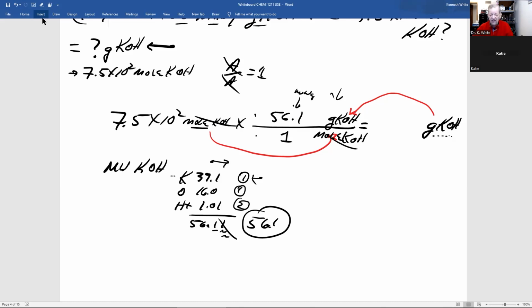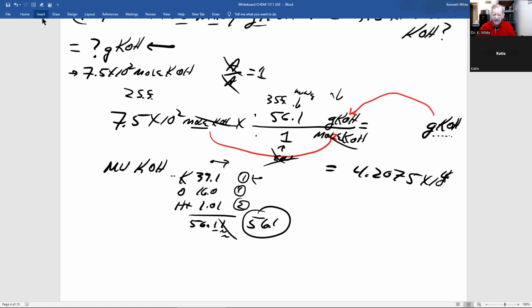And my calculator gives me this number. And this has two significant figures. This has three significant figures. This is an exact number, doesn't play a role.